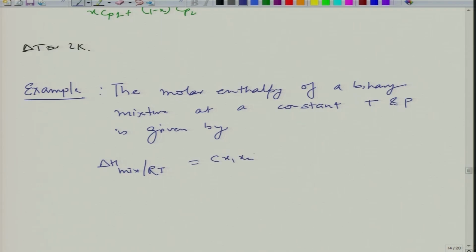So, this is the expression given to us, where C is basically nothing but a constant, not a function of temperature, pressure and composition.